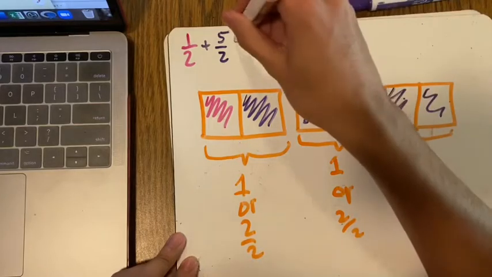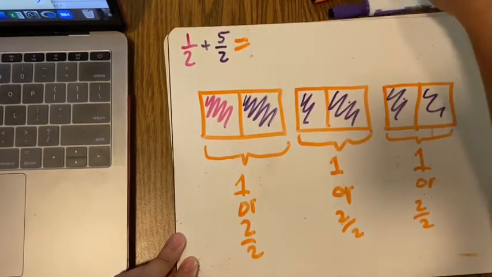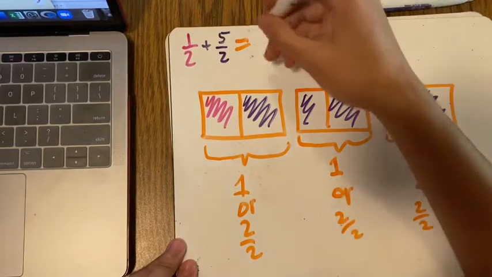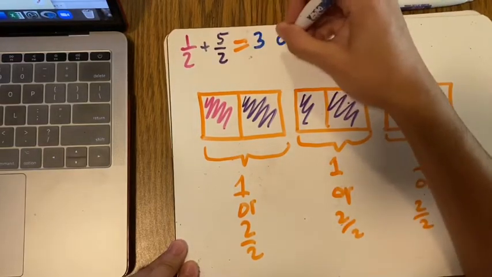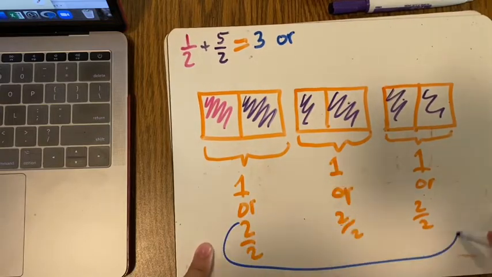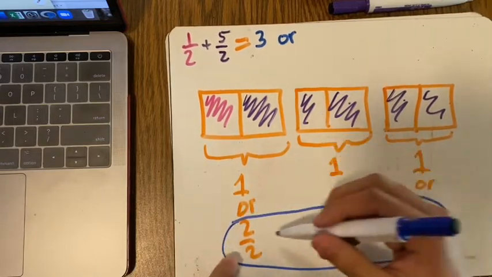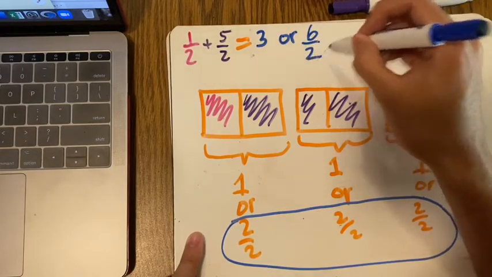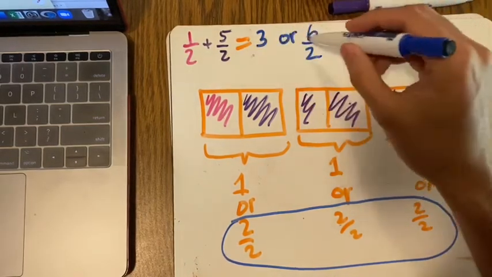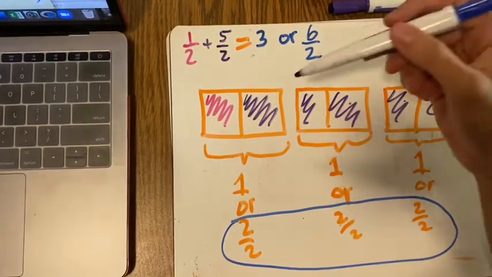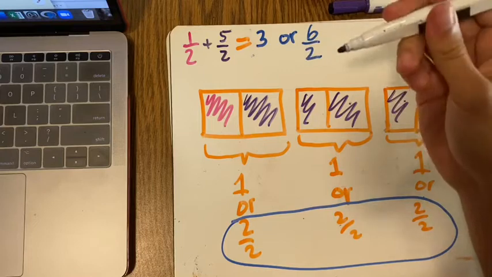So my answer to this is, I just need to add them up. 1 plus 1 plus 1, that is 3. Or I can add these up right here. 2 plus 2 plus 2, 6 over 2. Both of these are the same thing. 3 and 6 over 2 is the same thing, okay?